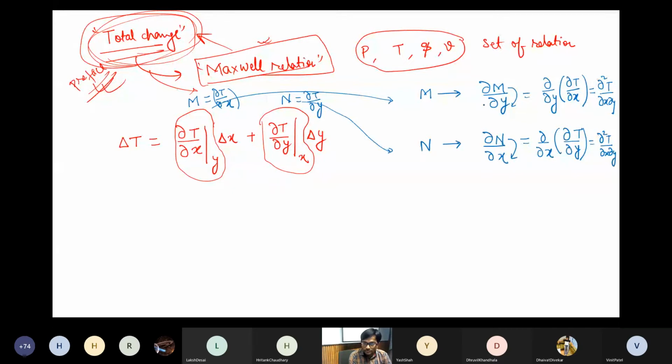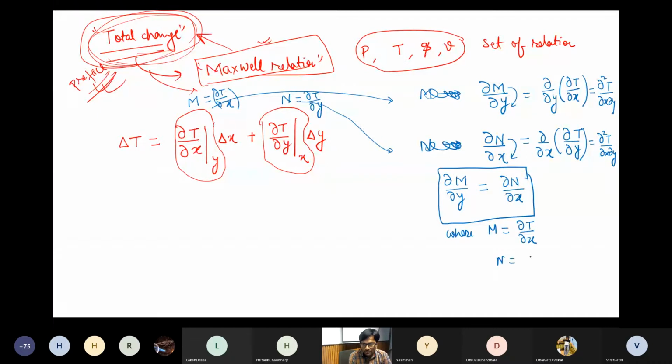Okay, so this is not m. I am just differentiating m with y and writing some expression. So we'll see that ∂m/∂y is essentially equal to ∂n/∂x. This is a property that we have derived, where I assumed that m would be ∂T/∂x, and n would be ∂T/∂y.